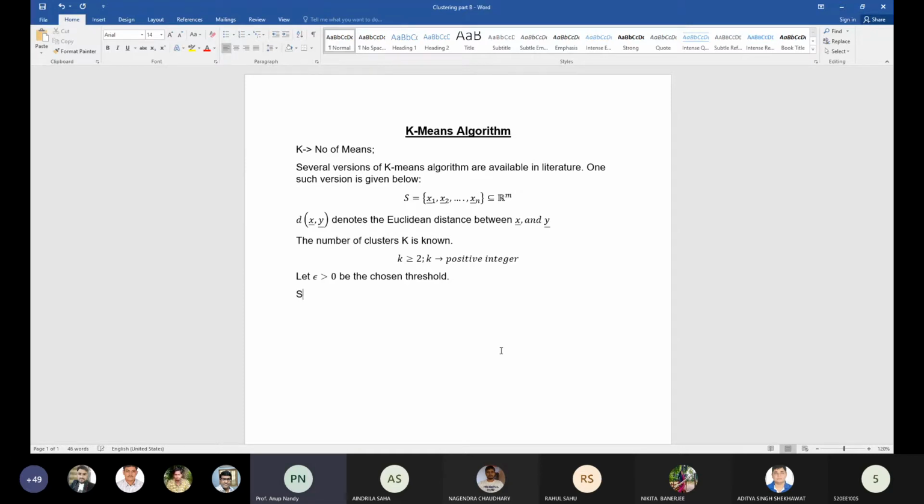Now the K-means algorithm. Step 1: mathematically, you have to choose k points. How to choose k will be discussed afterwards. So what are those points? You can write them as y11, y12, up to y1k, elements of R^m.